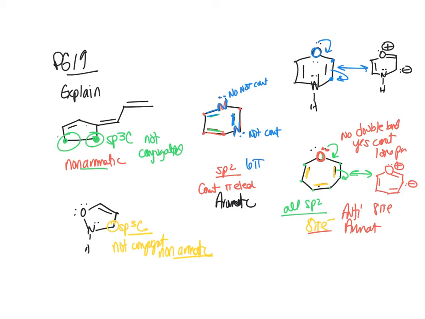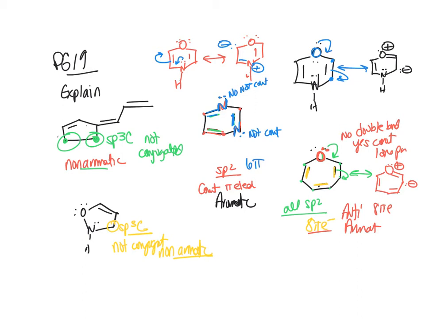This nitrogen, you can see, is sp2. What does that look like? If those electrons went here, and those went there, those can participate too. So every atom's sp2. And the question is, is this aromatic or non-aromatic?